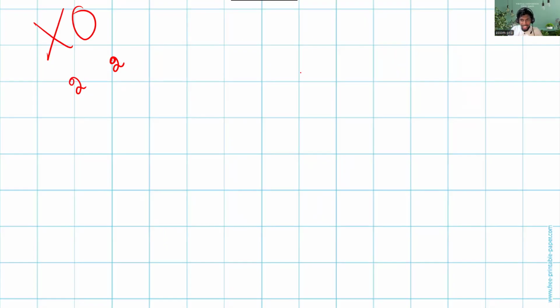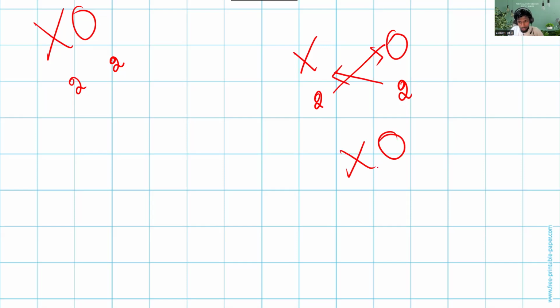Oxygen has 2, and X also has the valency 2. Then the formula will become XO, because there's 2 on both sides. We can cancel those 2. That is one rule that is followed in writing chemical formulas. So if you cut those 2, what will the answer be? XO.